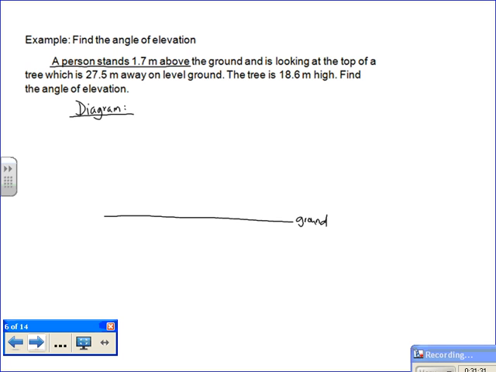And the person is standing 1.7 meters above the ground. And they're looking at the top of a tree. The tree is 27.5 meters away on level ground. So if the tree is over here, let's go ahead and draw our tree.